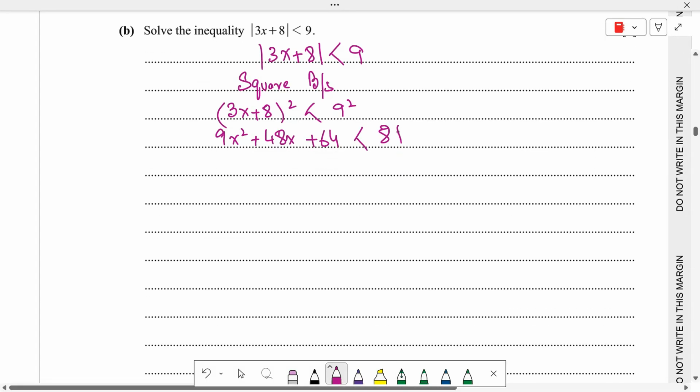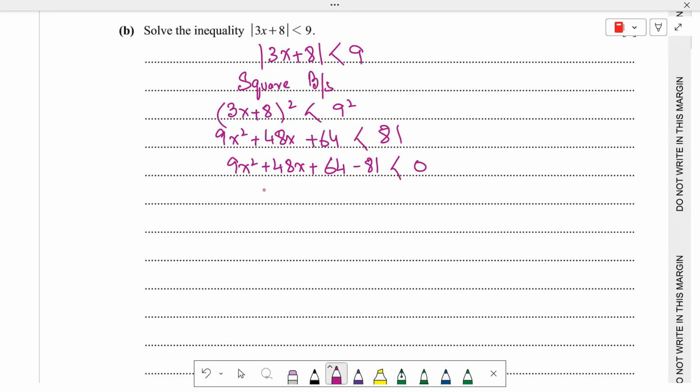And when we move 81 to the left side, we will have 9x square plus 48x plus 64 minus 81 less than 0. And this will become 9x square plus 48x minus 17 less than 0. Okay, this is a quadratic, so we can solve it by applying the quadratic formula.